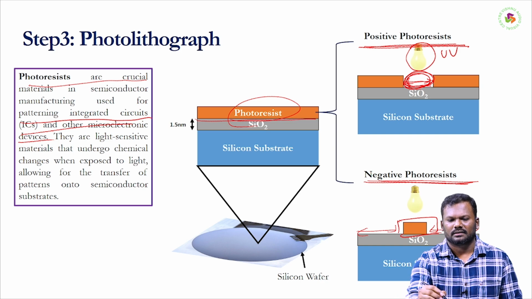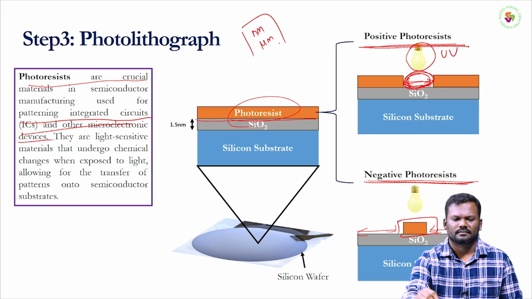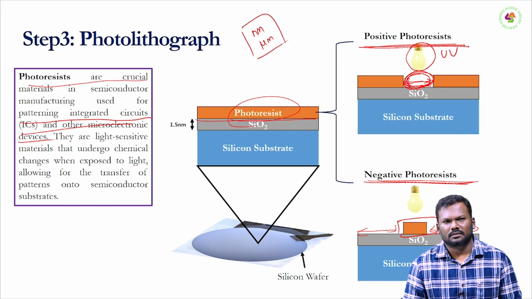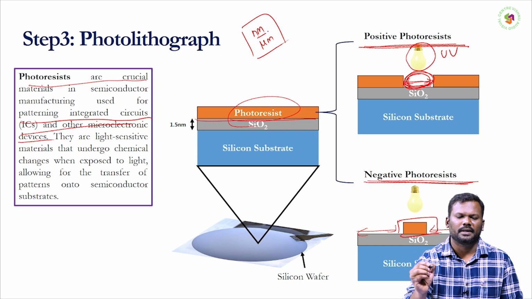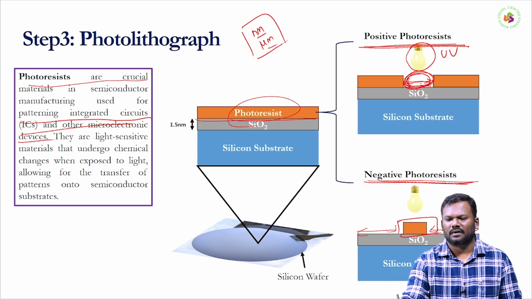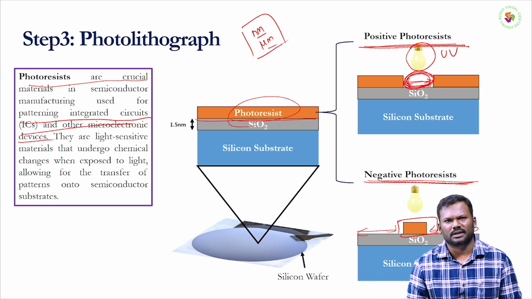Imagine at nanometer level or micrometer level. We need to send a light of this nanometer length which falls particularly on this photoresist, either positive photoresist or negative photoresist. How is it possible?